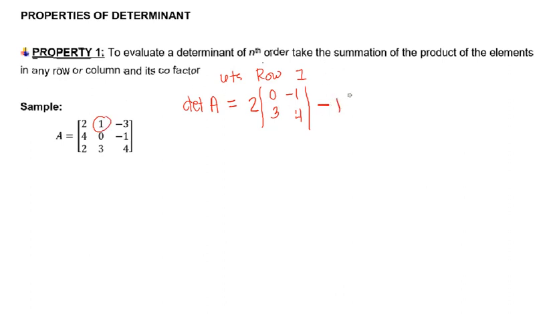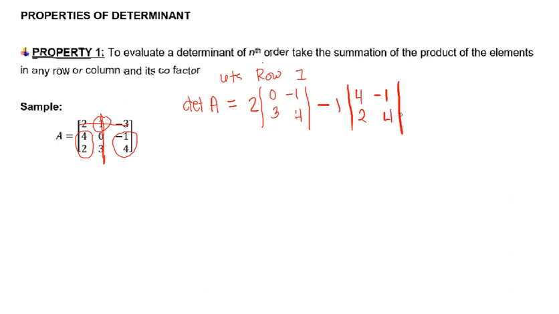So let's write 1. And 1 is located at row 1, column 2. So we're gonna eliminate that row 1 and column 2. And what's left over is these values. So we're gonna write 4, 2, negative 1, and 4.